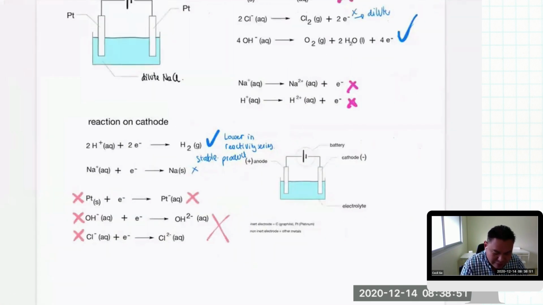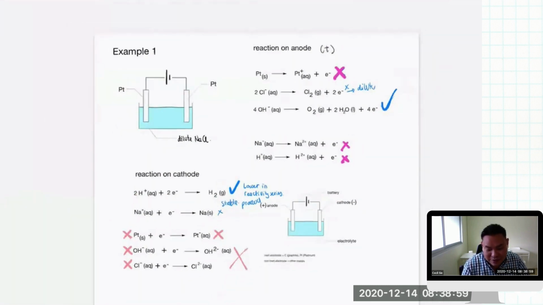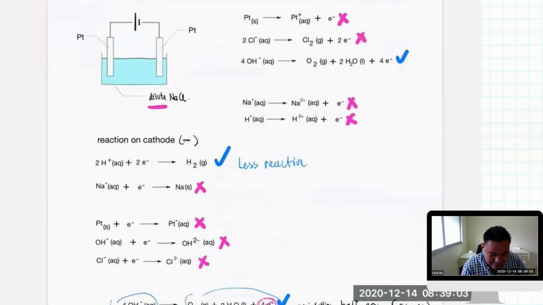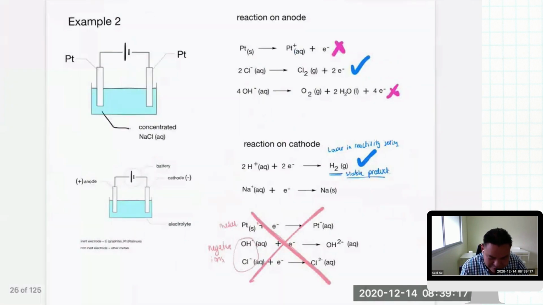That is, in example 1, we choose H plus, which will produce H2 because it's lower than sodium. In example 2 also, because we have dilute sodium chloride, we have a lot of water, which means we have H plus. We choose H2 also and don't choose Na because Na is higher in reactivity series.